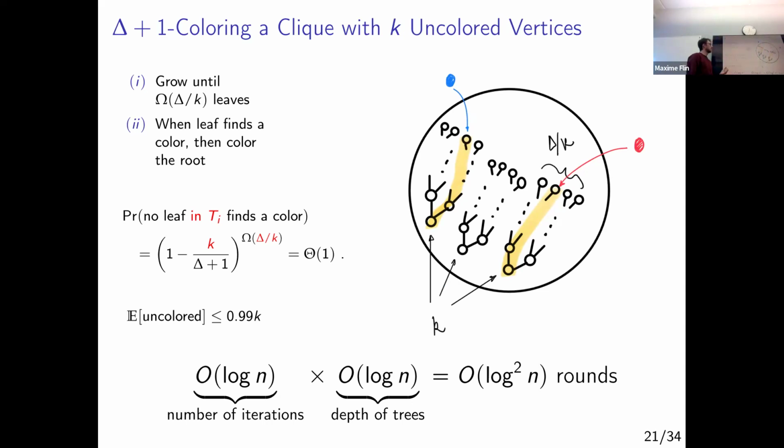But each tree should have delta over k many leaves, and you have probability k over delta to find the one missing color. So the probability of coloring each leaf is constant. It's the same for every leaf. So you color a constant fraction of the vertices, right?